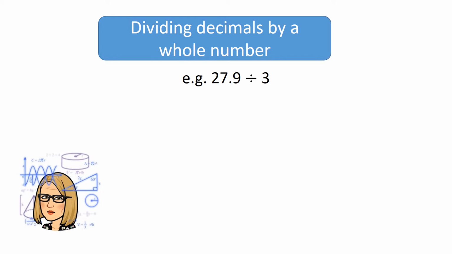Now, there's another example, 27.9 divided by 3. Well, I'm going to see if I can estimate the answer to this before I get started. 27 divided by 3 I know is 9 because 3 times 9 is 27. So if I calculate this correctly, my answer should be quite close to 9. I'm going to draw my bus stop. 27.9 divided by 3.